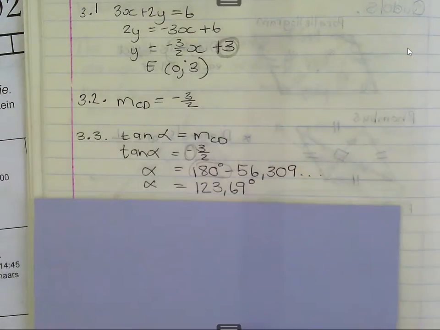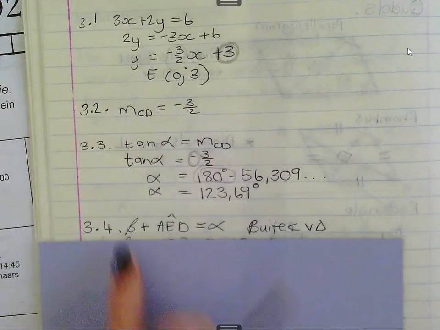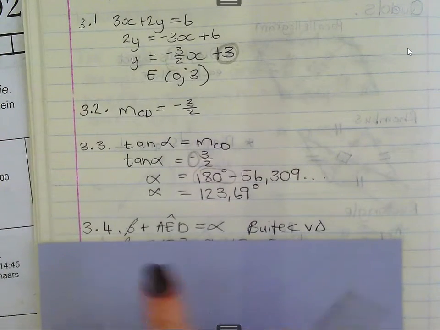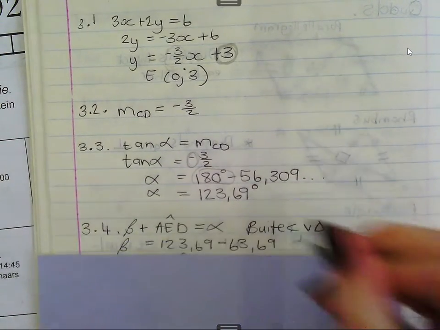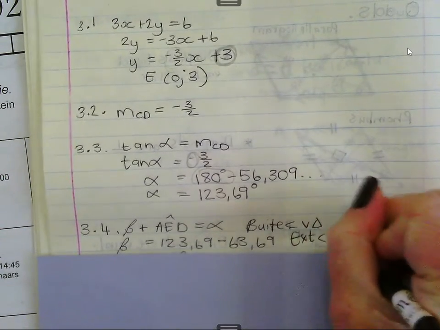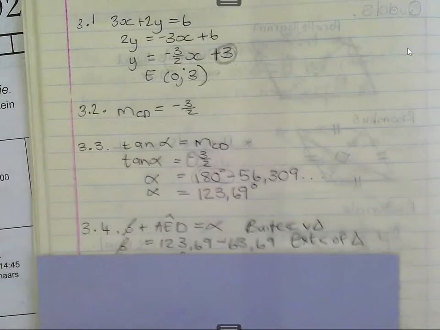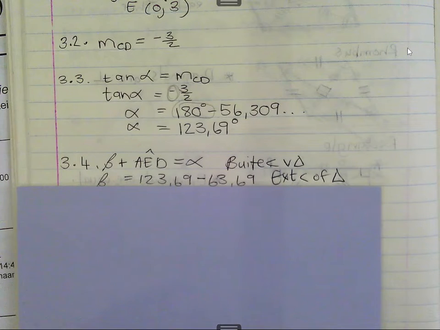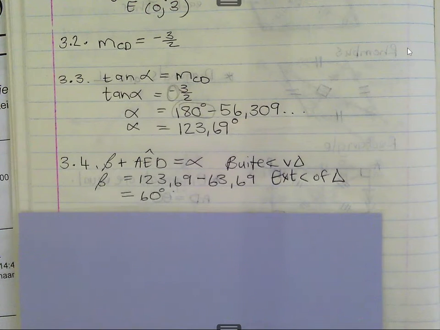I wrote this, you don't have to write this, you can just give the answer or do the subtraction sum. But you must give the reason: exterior angle of triangle. Whenever you use a Euclidean geometry reason, you have to give the reason. And then you find beta to be 60 degrees.